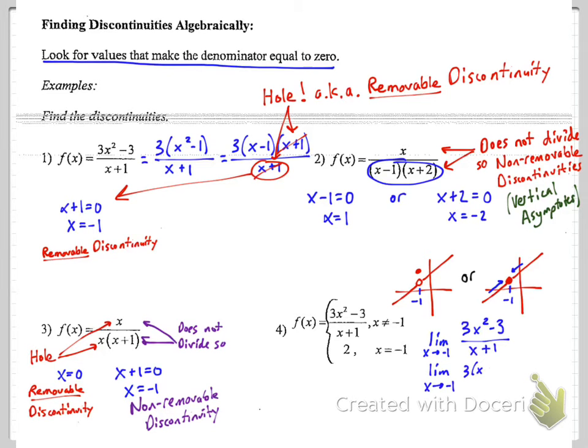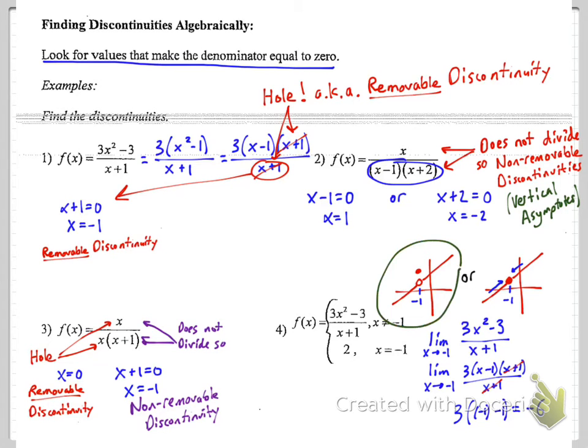This limit, we can factor that out, and we can divide out the x plus 1 because we're within the limit. So once we divide that out, we get 3 times x minus 1, and we can just substitute the negative 1 in. We get that the top part of the piecewise function, if we could plug in negative 1, we would get negative 6. In other words, the limit as that function gets closer and closer to negative 1 is negative 6.